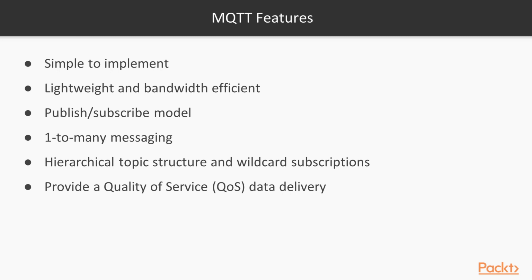Second, message delivery from the broker to the subscribing client. And there are three different levels of QoS: QoS 0 represents at most once, QoS 1 represents at least once, and QoS 2 represents exactly once they can exchange the message or data packet.